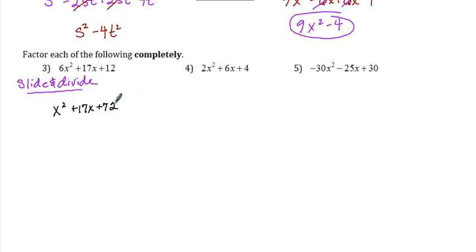Now we're thinking about it in this manner, and we're trying to think of numbers that multiply, or are factors of, 72, whose sum is 17. So we think and think, and the numbers that we come up with are 9 and 8. So what we do is we rewrite this as x plus 9 and x plus 8.